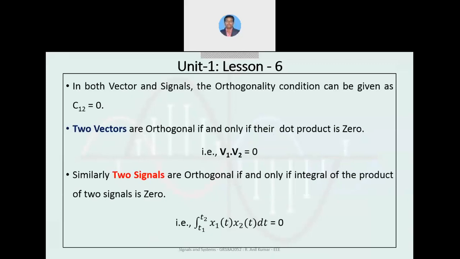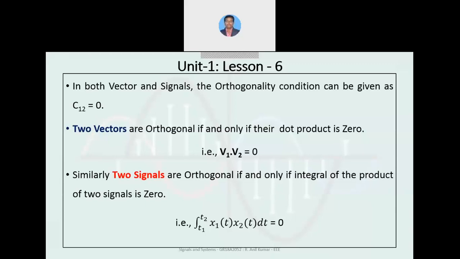Next, in both vectors and signals, the orthogonality condition, as we already discussed, is nothing but being mutually perpendicular. Mutually perpendicular is possible if and only if there is no relation between x1 of t and x2 of t. Means if I can't express v1 in terms of v2, then those two vectors are said to be mutually perpendicular.